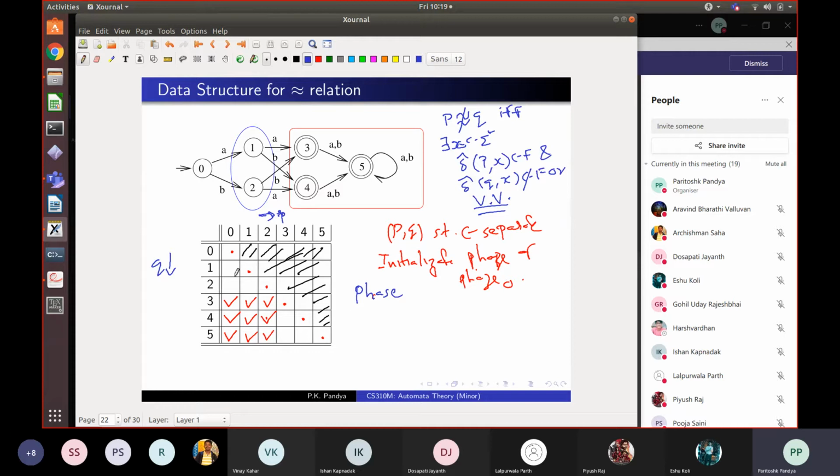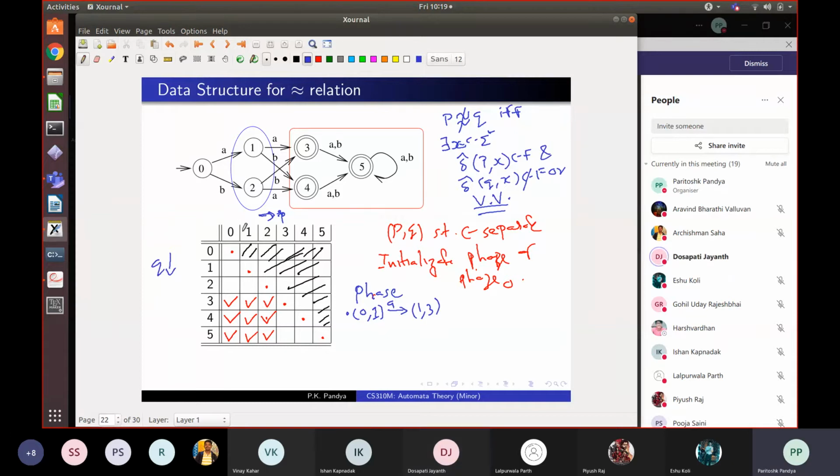So we will systematically go through all unmarked squares. First we will pick up the pair 0, 1. On an A, where will 0, 1 go? 0 on an A goes to 1 and 1 on an A goes to 3. So the pair 0, 1 will go to 1, 3, right? Do you see that?